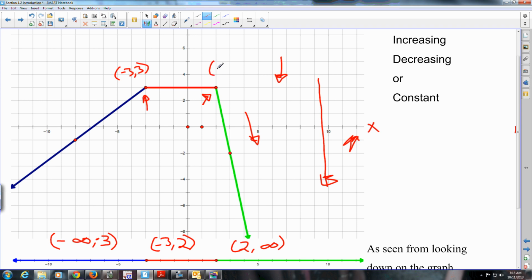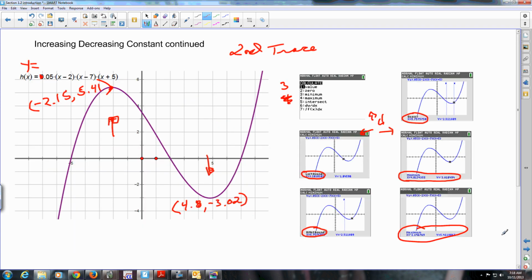This coordinate was negative 3, 2. Notice there isn't a 3 anywhere in these values. The negative 3 is what was used, and the 2 is what was used. So the intervals where it's increasing, decreasing, and increasing again only have to do with the x values.